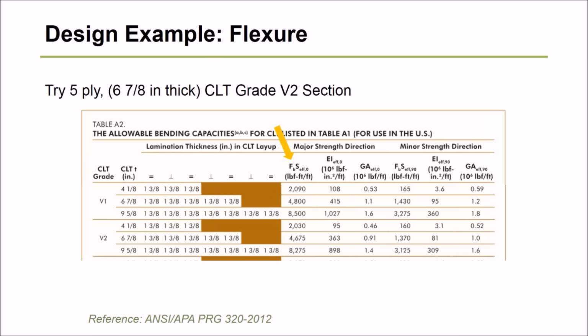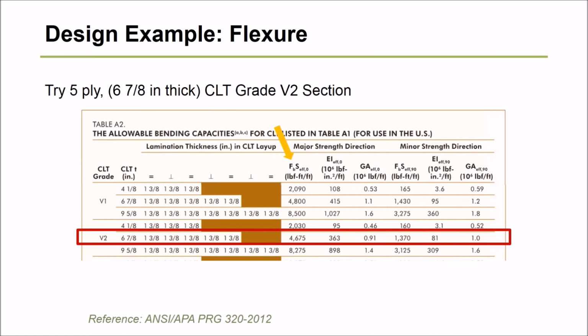Our major strength capacity, this FB S effective, and 0 means in the major strength direction, is in this column. We're going to go down and find something that's greater than that 2,500 and change. And looking at the V2 grade, that would be this 5-ply 6 and 7/8 inch thick panel, and that one would satisfy our bending demands.